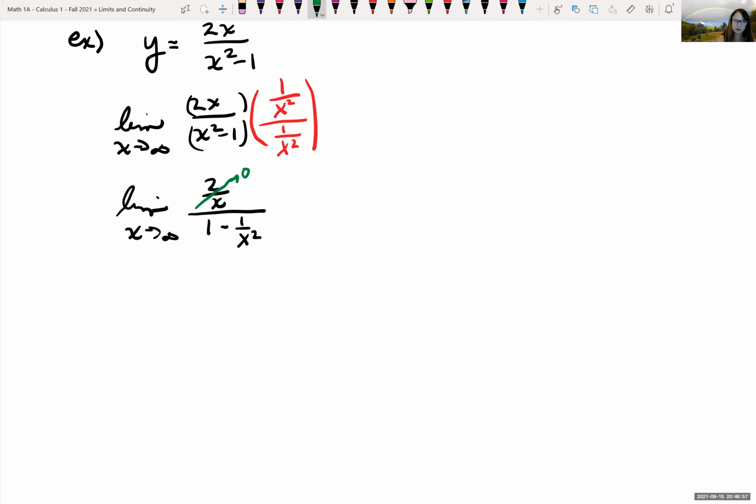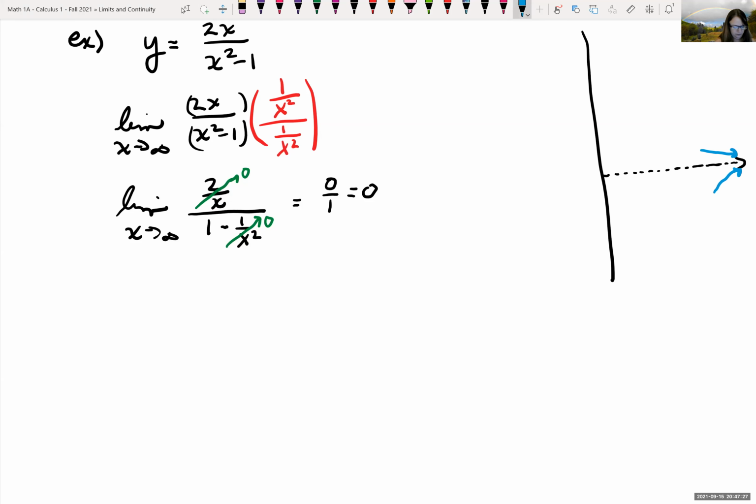And minus 1 over x squared, as x goes to infinity, also goes to 0. And so we're left with 0 over 1, which is 0. So I know that at least on the right-hand side, my end behavior of my graph is going to be approaching 0. I'm not sure if it's coming from above or from below, but I know it's approaching 0 and we can figure that out in a minute.